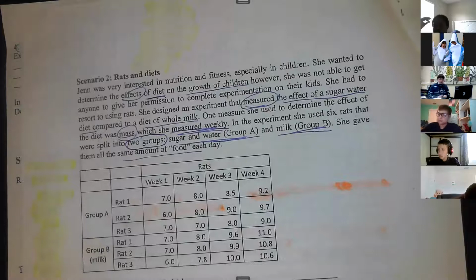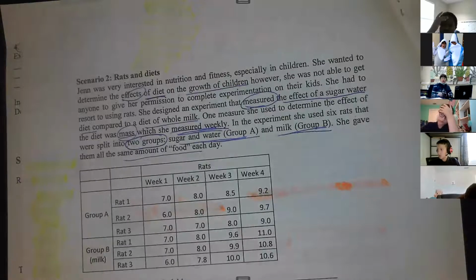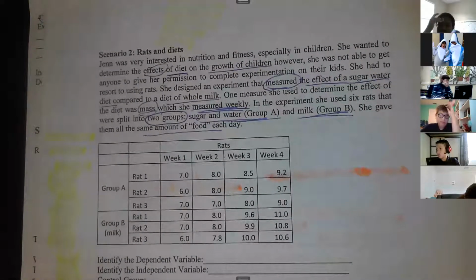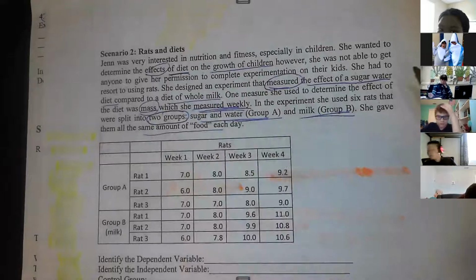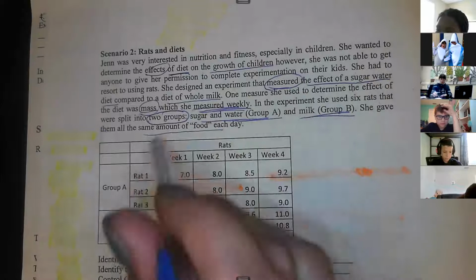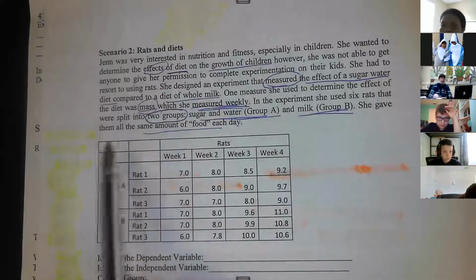Radiance, what am I measuring here? What did she measure? What's our dependent variable, Radiance? What is she measuring? Look at our keywords. If diet affects growth. Growth, how did she measure the growth? Did she do it in height or in weight?